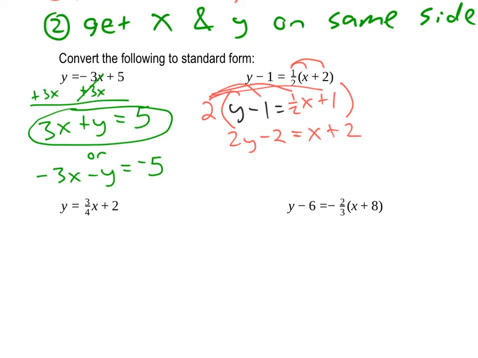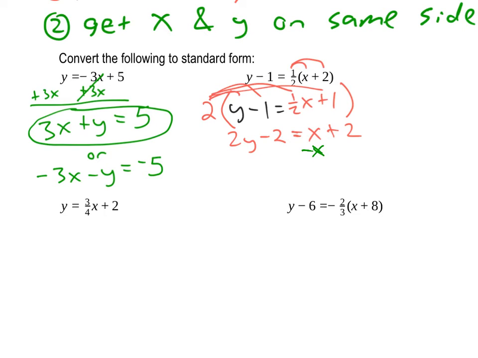We're almost there. Next goal is to do what? Get x and y together. And you could do that by moving any of these 4 terms. It's up to you. I'm going to move over the x because I want everything on the left-hand side anyways. That's just me though. I'm going to subtract x, but you're not wrong if you subtract 2y.